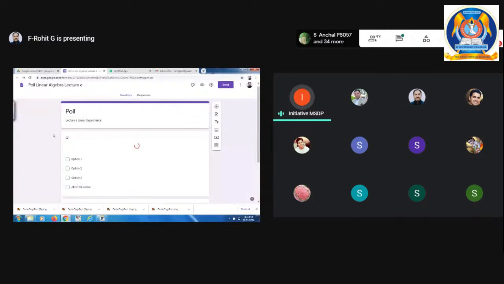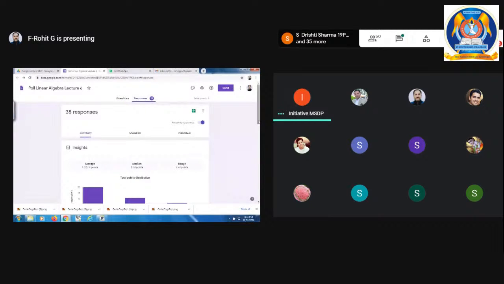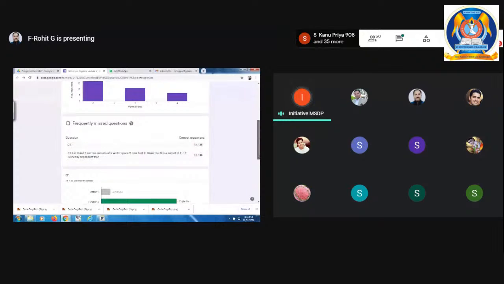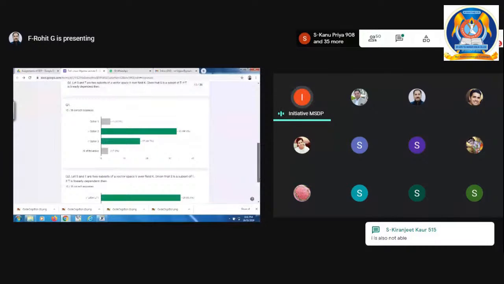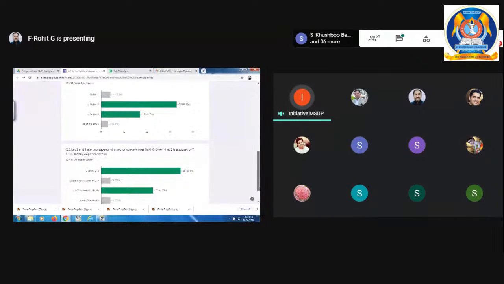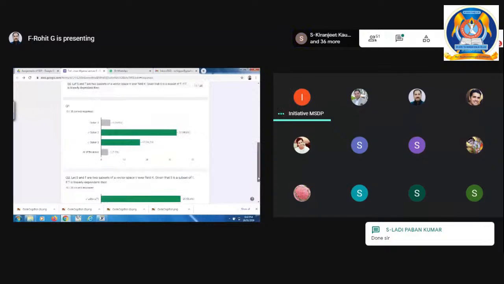Taranpreet and Rekha have also joined back, and they are saying they have attempted it. All remaining ones who are not able to access that, please click on the new link that is shared by Rohit sir. Kiranjit, please click on the new link shared by Rohit ji. Just try it.